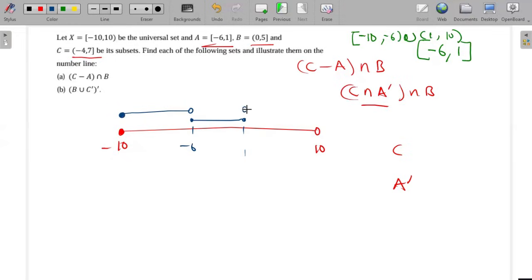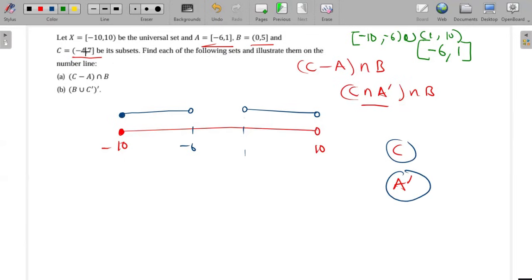And there we open, and there we open. Here, 10 can't be part of the complement of A, since it's not even in the universal set because it's open there. So this is what you would get. This here in blue that has remained is our A complement.